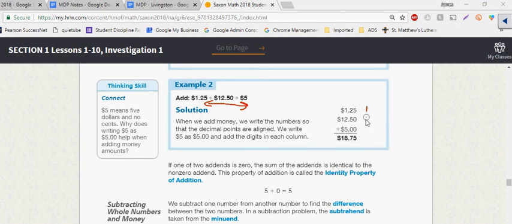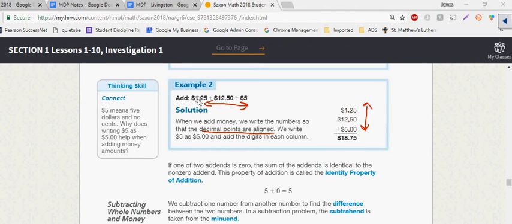Instead, we want to make it vertical. A good word. And now, what are we lining up? When we add money, we're writing so that decimal points are aligned. In a line is what aligned means. So check, our dot is right above, just like that.